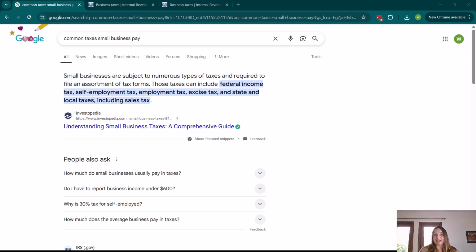Let's talk about employment tax. If you have employees, actual W-2 employees, you need to be paying employment tax. And employment tax is going to include the employer portion of FICA, which is Social Security and Medicare.